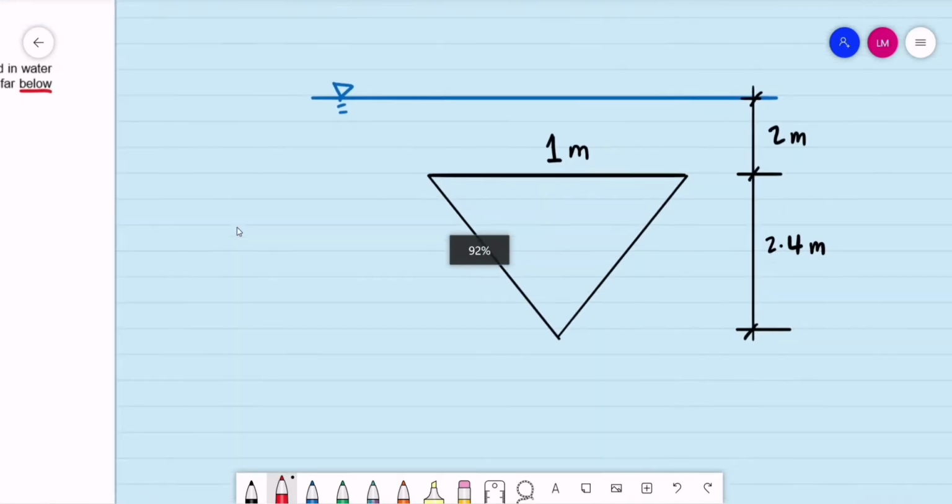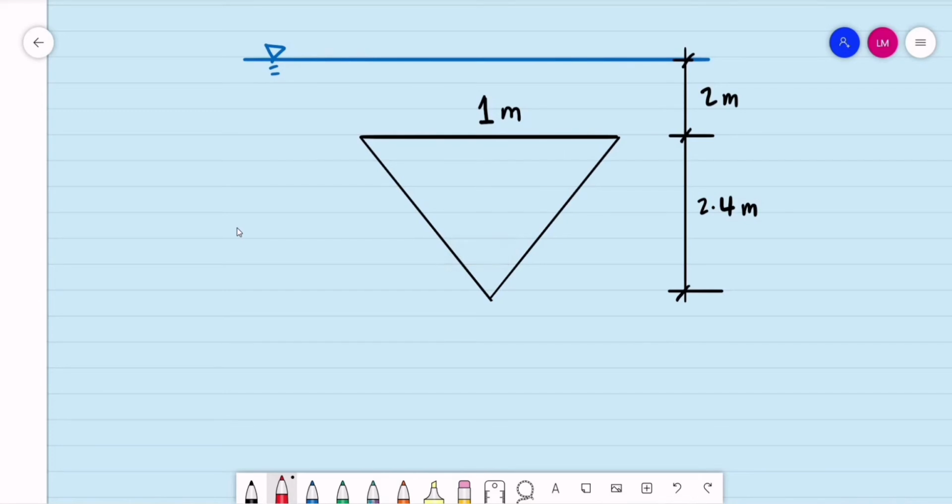So, for example, ito yung figure natin. So, meron tayong triangular plate, 1 meter base, 2.4 meters yung height. Yung kanyang base will be 2 meters below the water surface. So, for example, nandito yung kanyang center of gravity. I-assume naman natin na nandito yung center of pressure. So we are looking for this distance, the eccentricity.